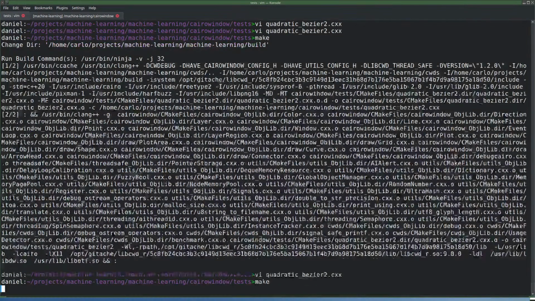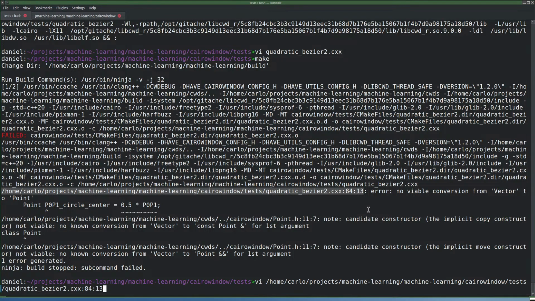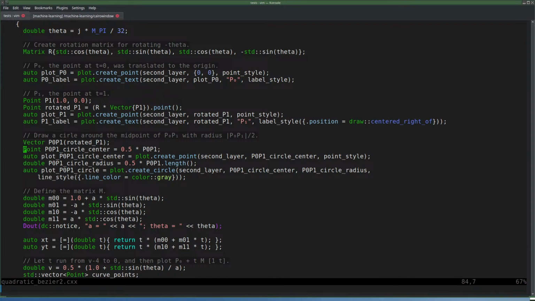I think this should compile. Let's see if my P1 rotates. It does not compile. No viable conversion from vector to point. I know. And that's exactly why. Oh, wait a minute. This used to work. Why would this work? And then I made the changes that I did and suddenly it doesn't work anymore?